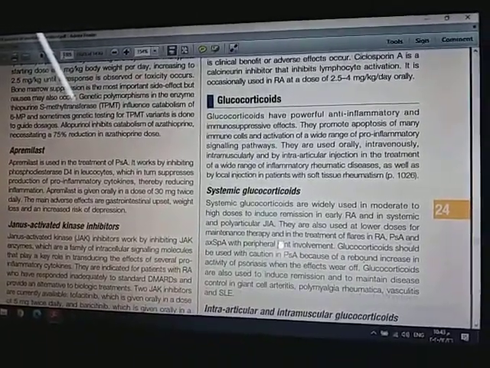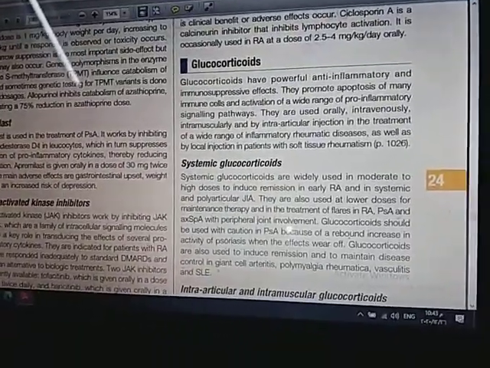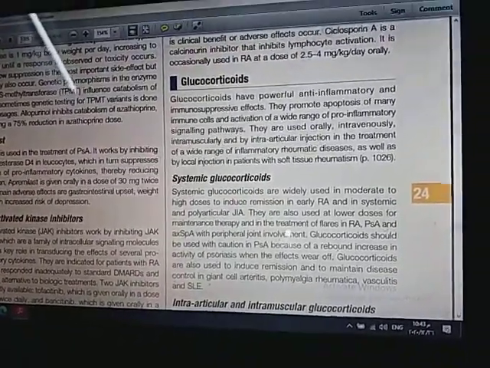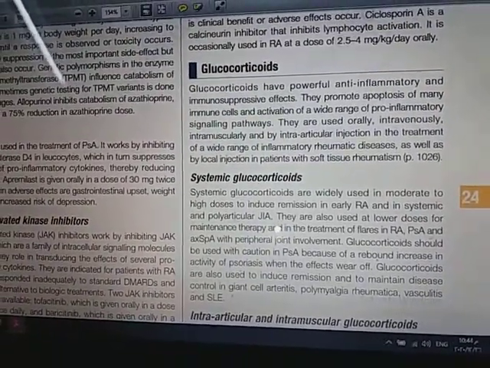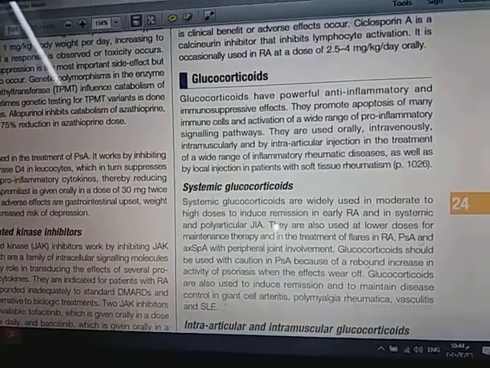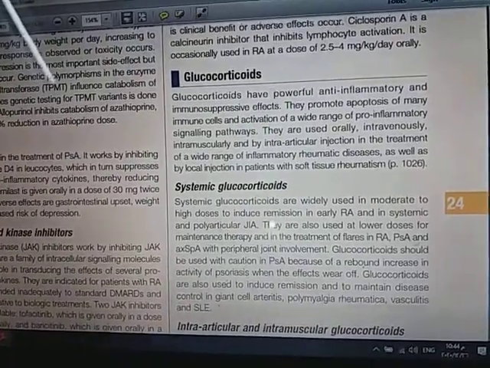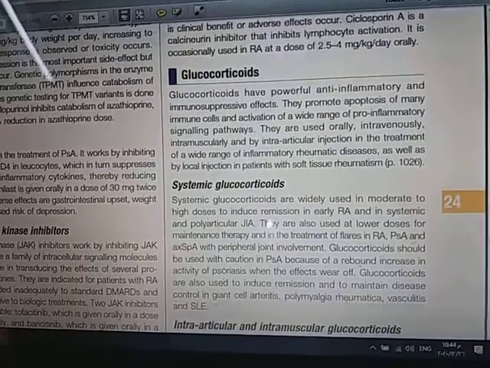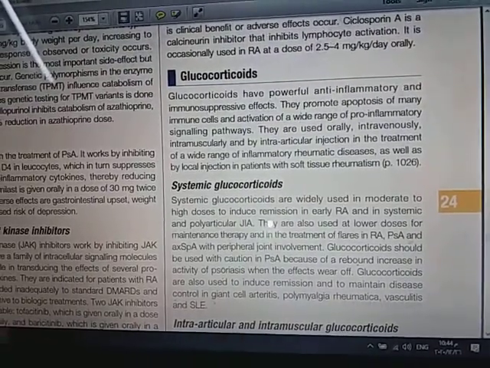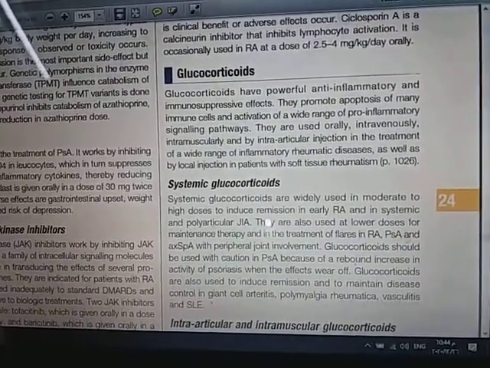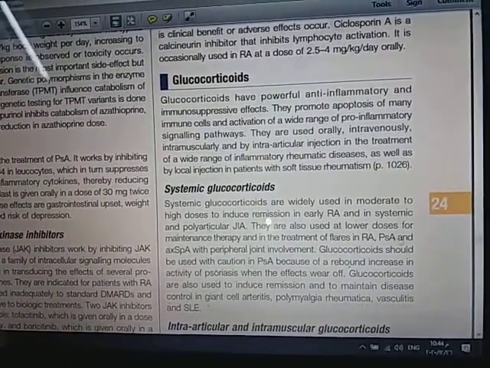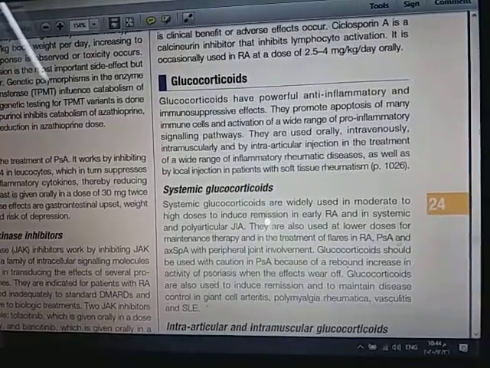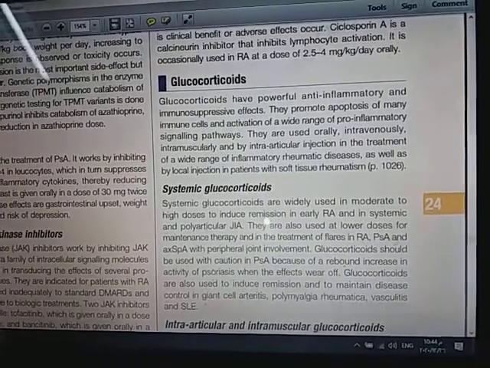Intra-articular steroid therapy is used to arrest actively inflamed joints inadequately controlled by systemic drug therapy. This intra-articular injection should be done under strict aseptic precautions, otherwise iatrogenic septic arthritis may be induced. Iatrogenic means medically induced.